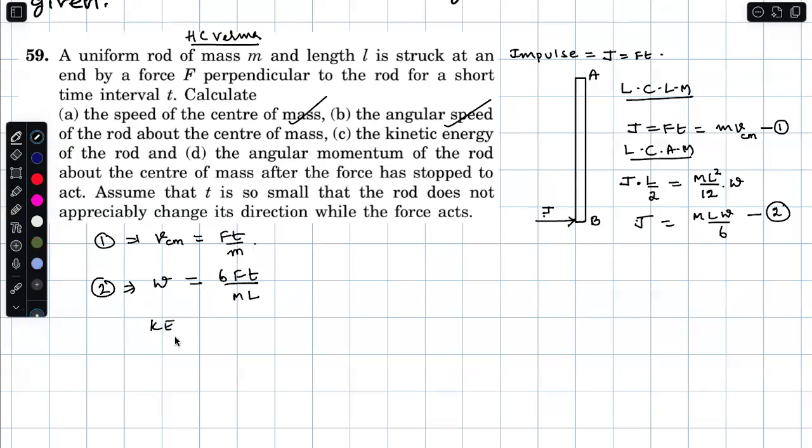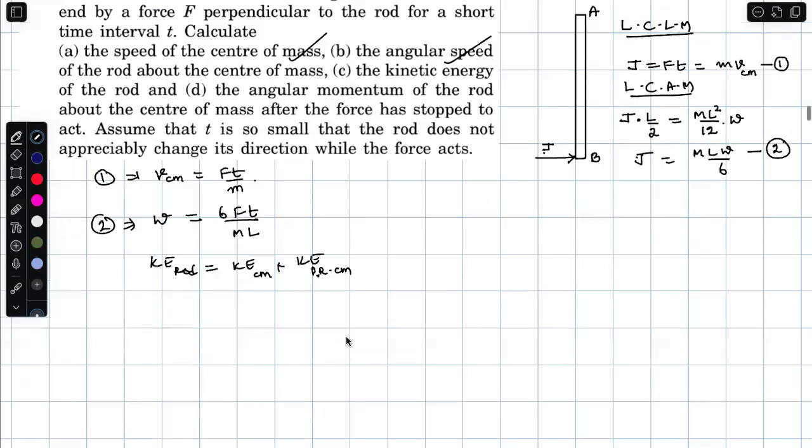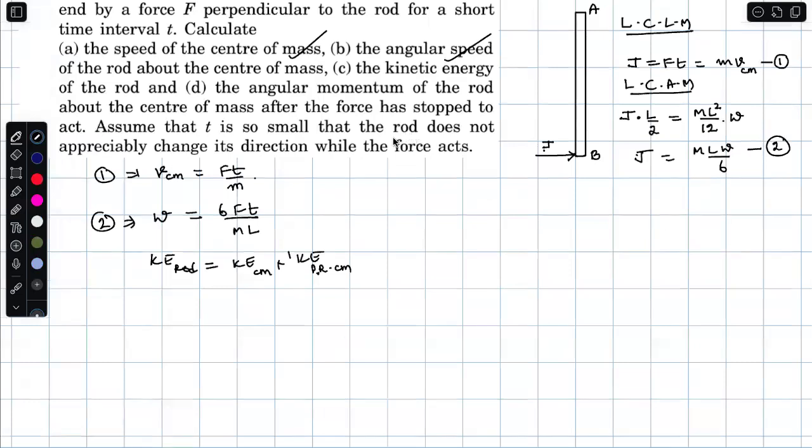The kinetic energy of the rod will be two parts: KE is the center of mass part plus KE of pure rotation about the center of mass. PRCM means pure rotation about center of mass.